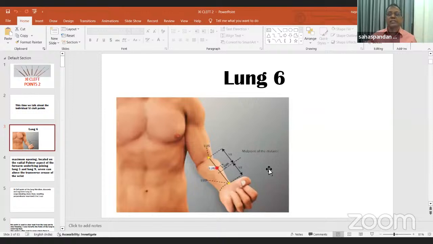So this is the Xi-cleft point of the lung meridian. Xi-cleft points work on acute pain and acute emergencies. So what is the acute emergency in the case of lung?